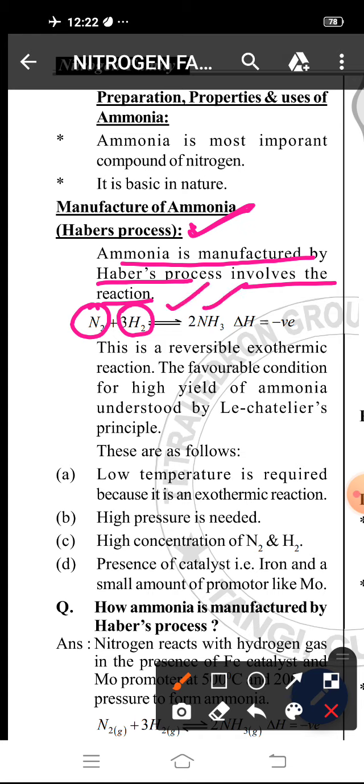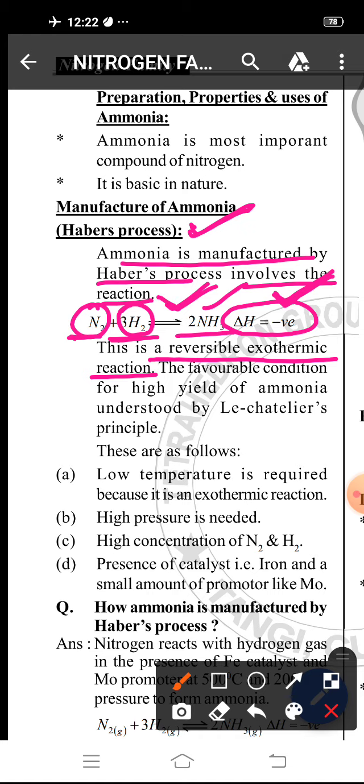It is a reversible process and also an exothermic process, because in this case delta H is negative. Delta H negative means it is an exothermic process, and the reversible sign indicates it is a reversible exothermic reaction.